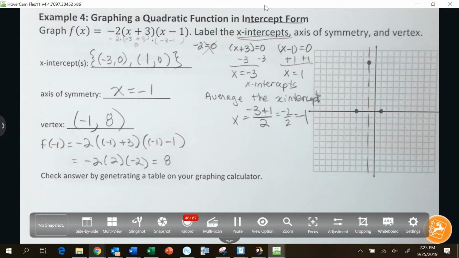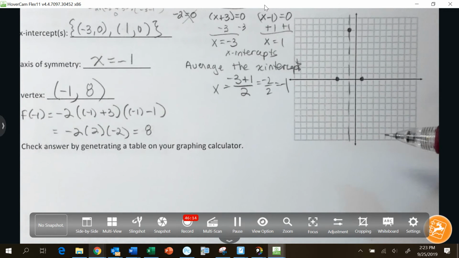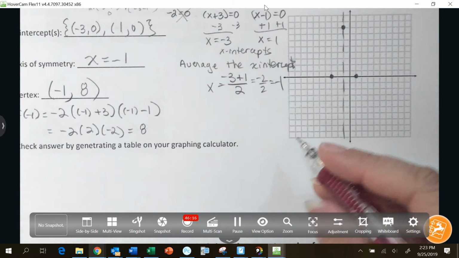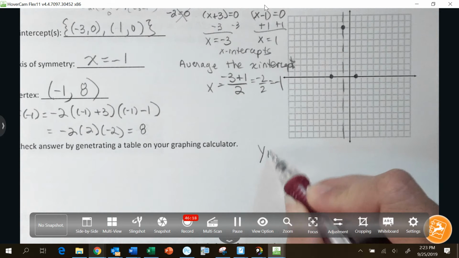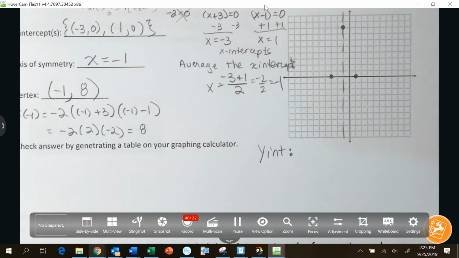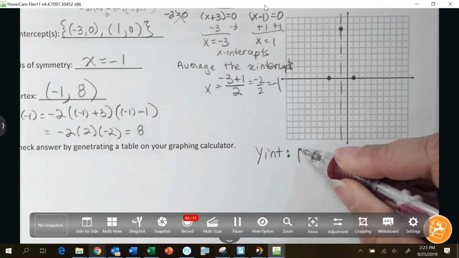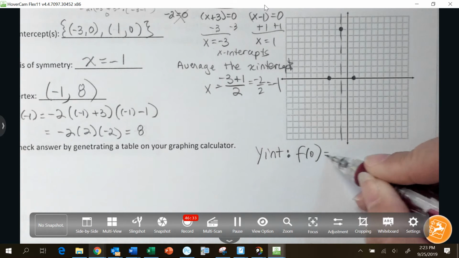So I have to pick something else. Oh, it's so much work. I'm thinking finding the y-intercept might be helpful. How do we find the y-intercept? We plug in 0. That's way easier than plugging in any other number. So I'm going to do f of 0.